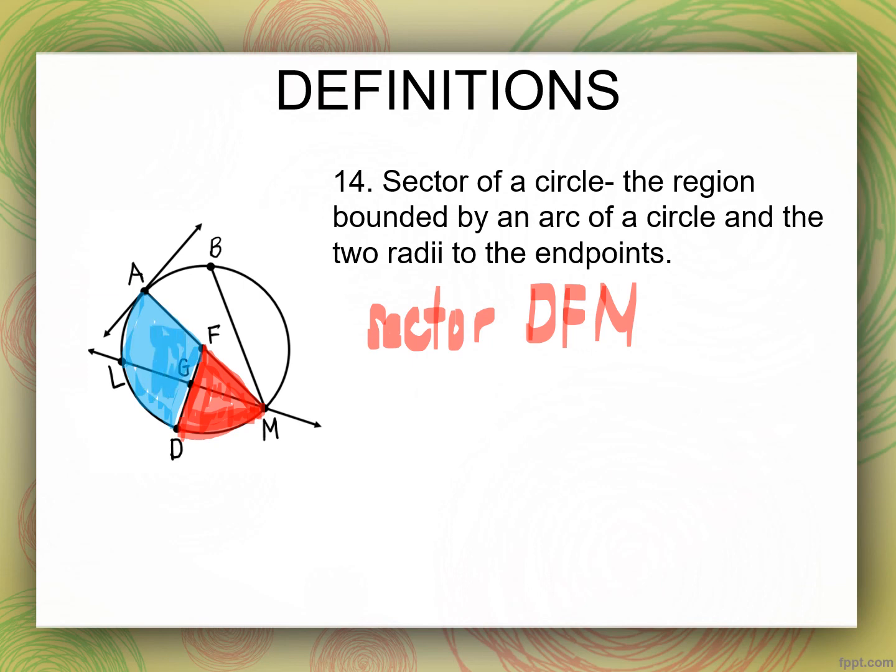Okay, so that blue part there, we can name it as sector AFD. Okay, so again, just always check. It should be bounded by an arc and the two radii to the endpoints. Okay, and that is sector.